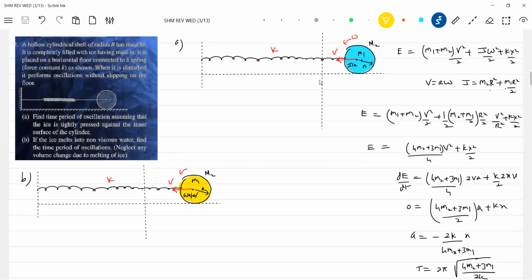What changes do we have to make? Only translation. It will have translational, it will not have rotational kinetic energy. Moment of inertia M2 R square.